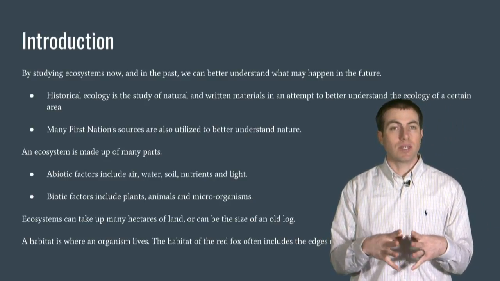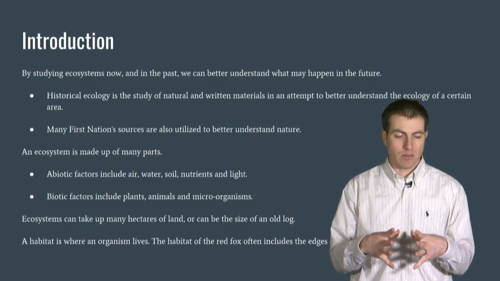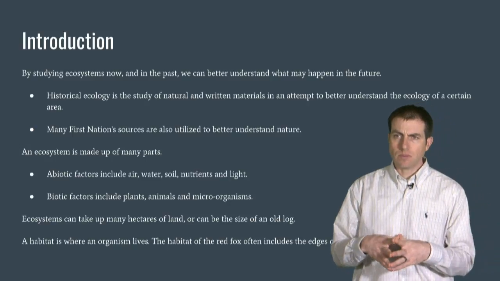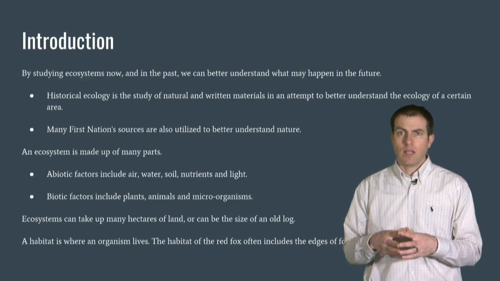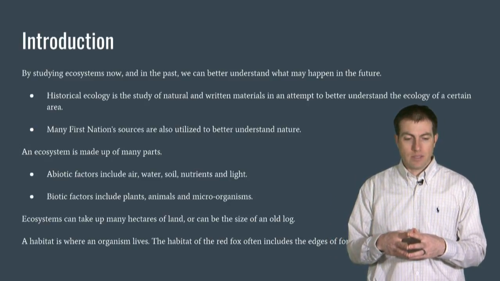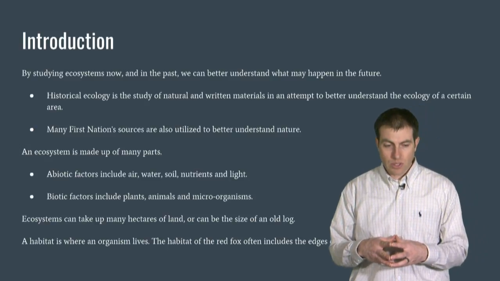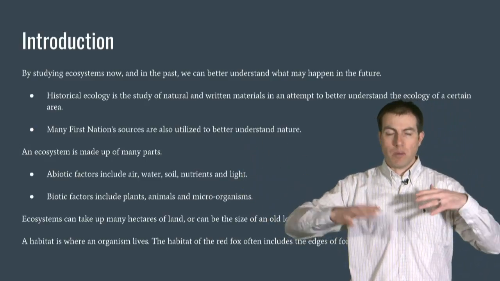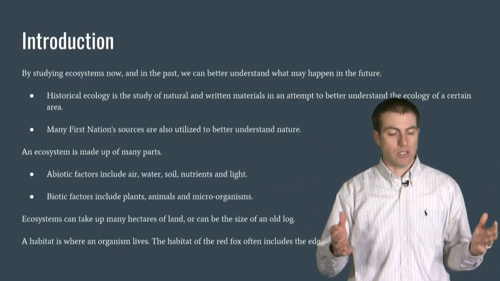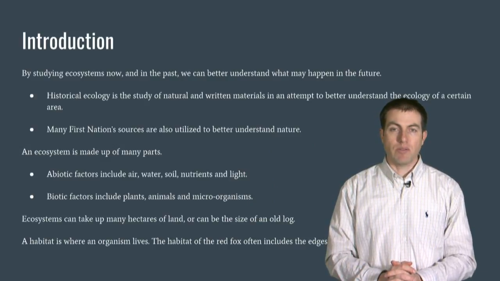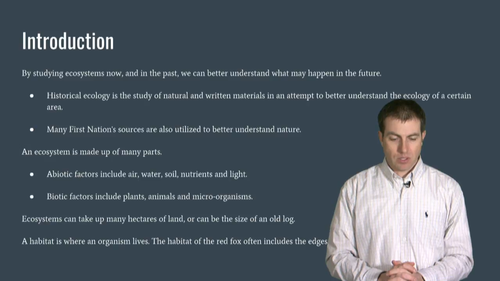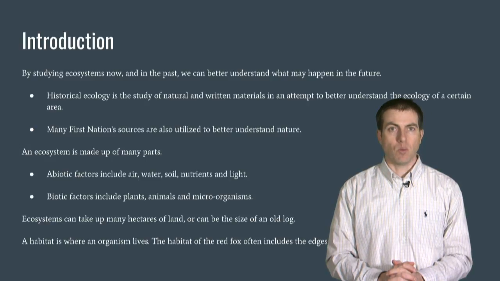So far we've talked about the living things, the biotic factors, plants, animals, and the abiotic factors. So ecosystems can take up a hectare of land. They can be huge, like kilometer by kilometer, very large ecosystems, or it can be very small, like an old log.